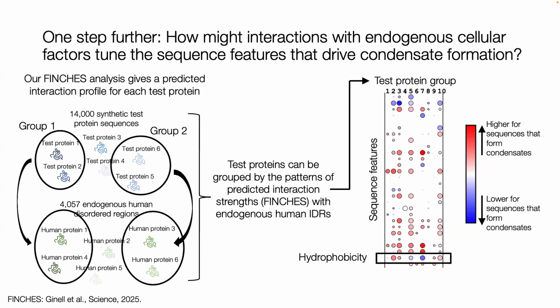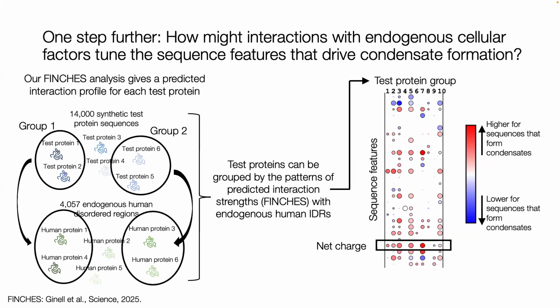Here we're looking at hydrophobicity and the effect across different groups of test protein sequences. You can see that in some cases, hydrophobicity is higher for sequences that form condensates, and in other cases, it's actually lower for sequences that are forming condensates. So basically, depending on what kinds of interactions you might be making with other things in the cell, hydrophobicity can either drive or inhibit condensate formation.